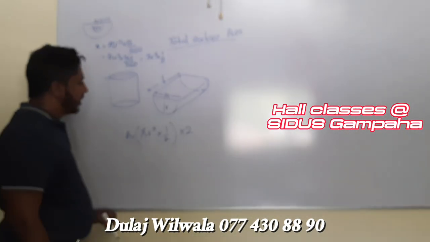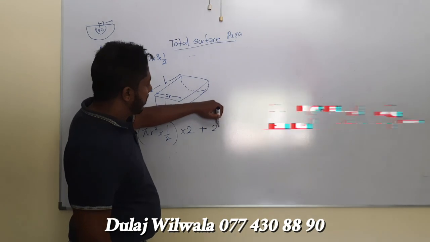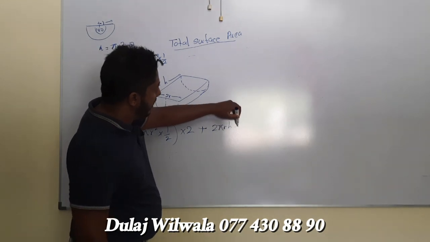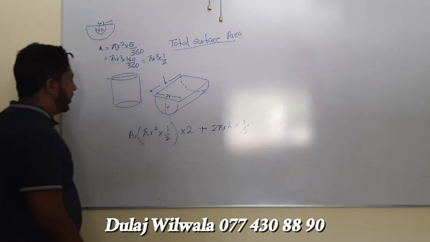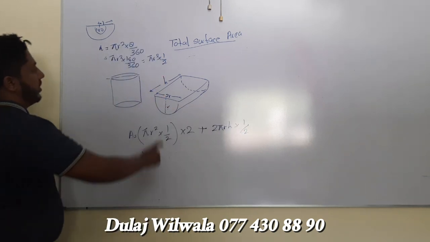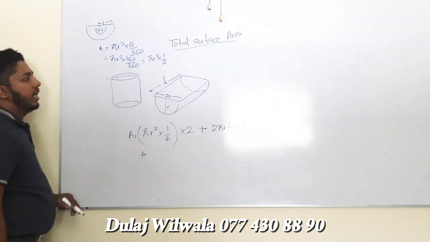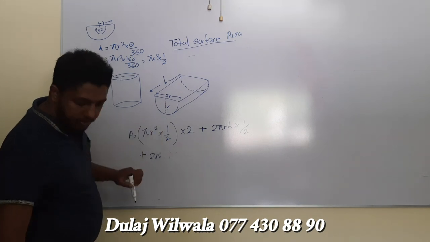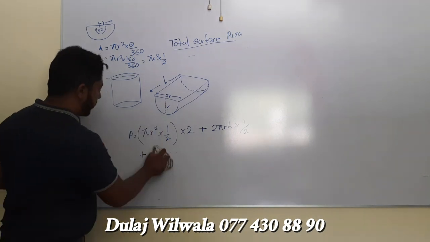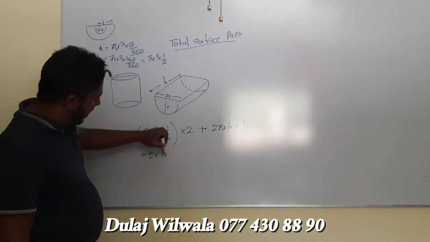There are two of those, plus then there is half of the curved surface. So the curved surface is 2 pi r h and half of that, and plus there is a new surface on the top. If this is a solid, there is a new surface 2r into h.